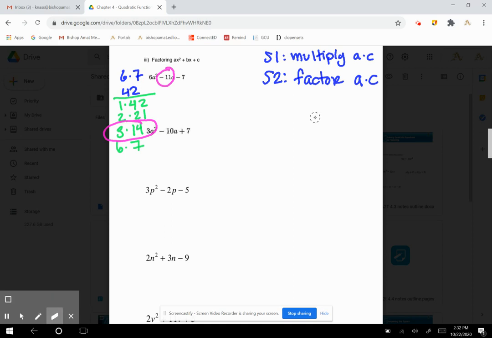Now, here's a little trick I tell my students every year. I'm going to write it over here. The larger factor takes the middle sign.